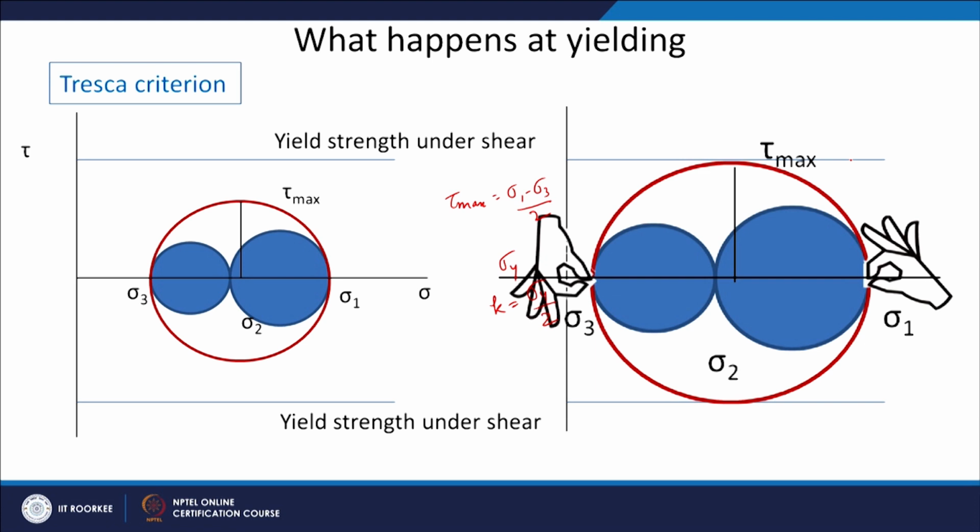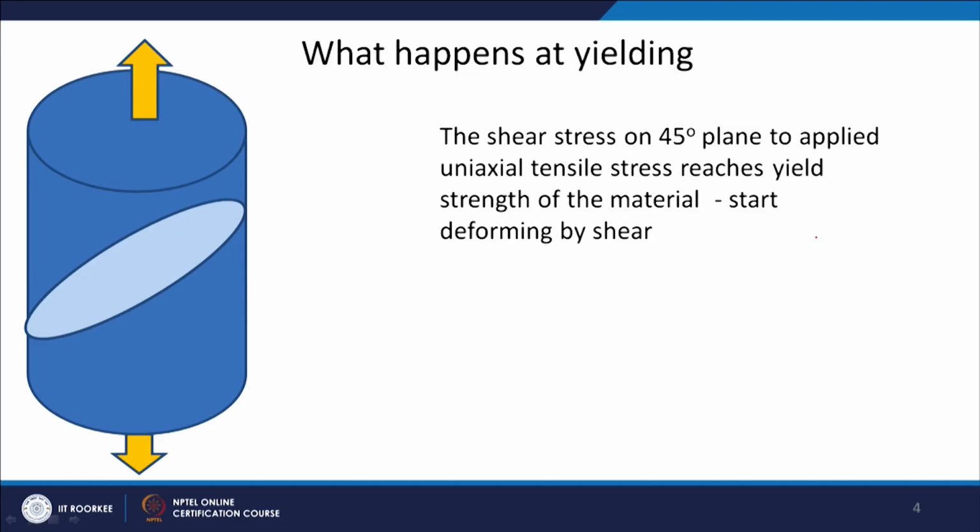If you see the angle which tau max makes with sigma 1, here that is around 90 degrees in Mohr circle. So, in physical space it will be half of that, that is 45 degrees to the principal stress. If we want to see it in terms of our experiment, suppose we have taken a cylindrical sample like this, and I am applying stress sigma 1 in this direction, it is a uniaxial deformation.